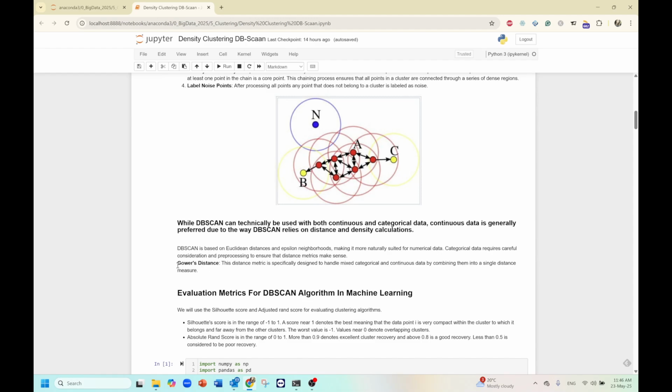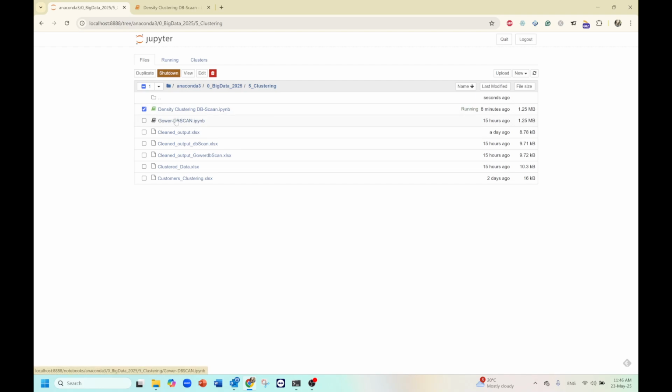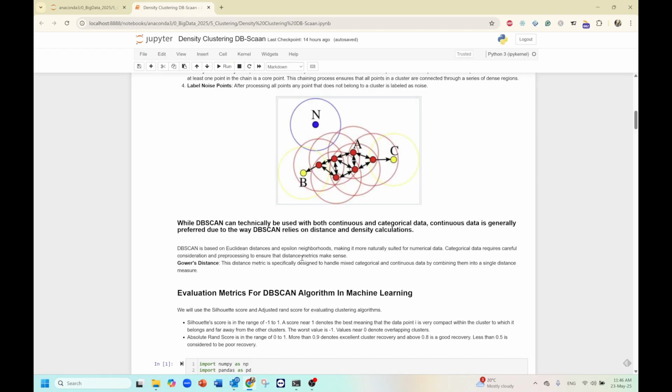I will show you one of the distance measures that is widely used with DBSCAN, called Gower's distance. That is used along with DBSCAN when we have mixed variables. I will have the code for that in some of my next videos.